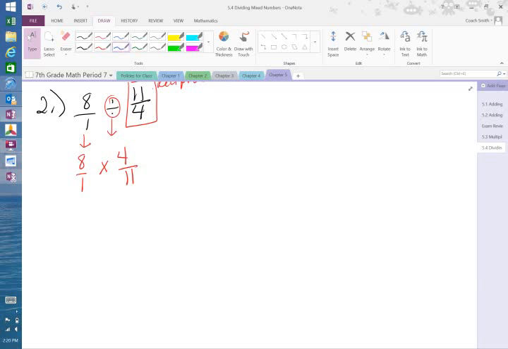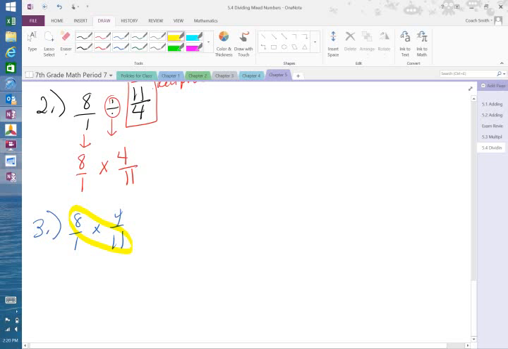Step 3. So, my problem, 8 over 1 times 4 over 11, we're going to look to see if we can cross-cancel. Is there any common factors between 8 and 11? No, there isn't, so I can't do anything there.